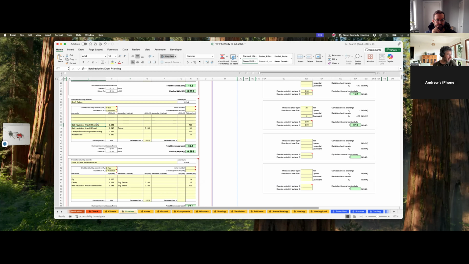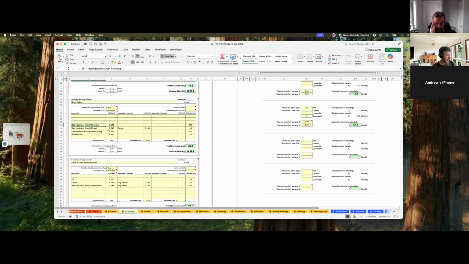There is another measure that we use in Passive House, which is the U value, and it's the inverse of the R value. The lower it is, the better. So this is your ceiling assembly. I've put everything in.